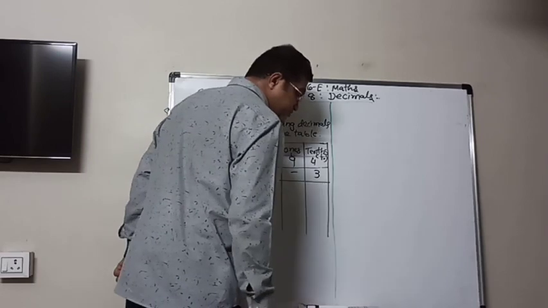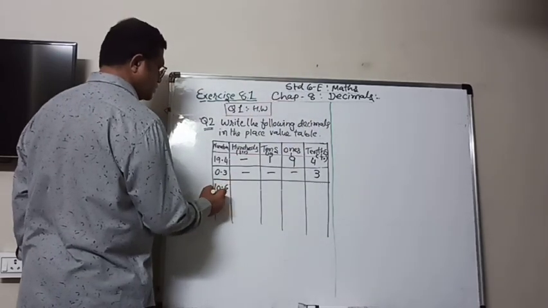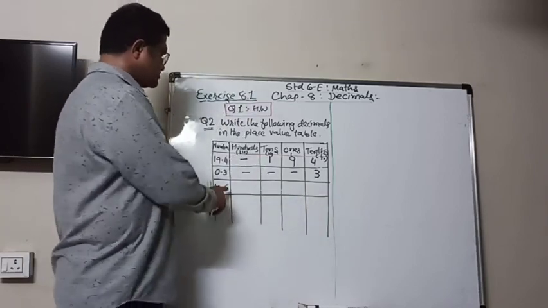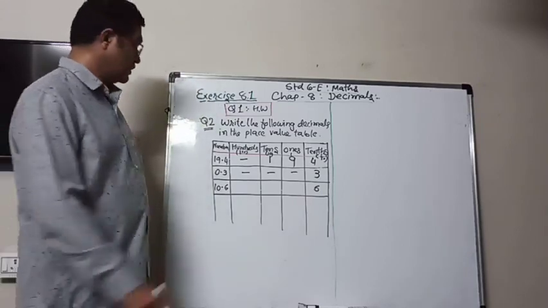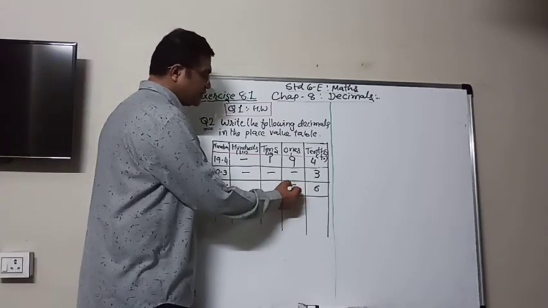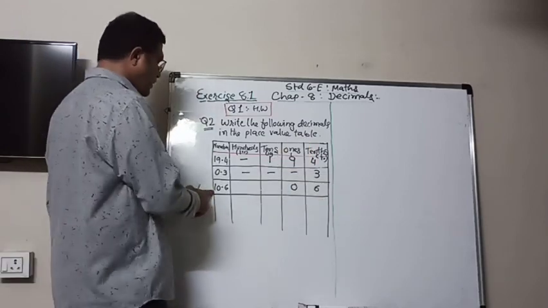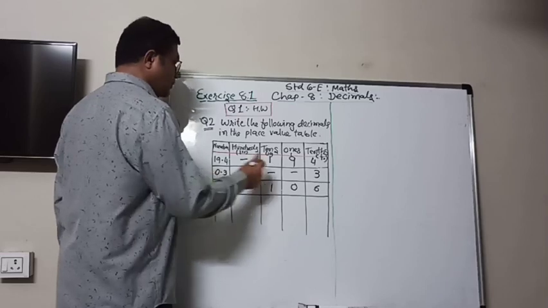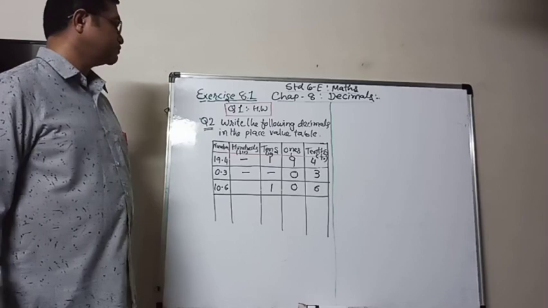Third number is 10.6. So in 10.6, 6 is in the tenths place. 0 is in the ones place. Here you have to write down 0. And 1 in the tens place. So here also you can write down 0 in the hundreds, not a problem.